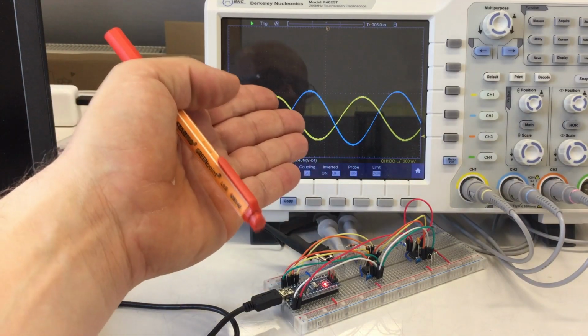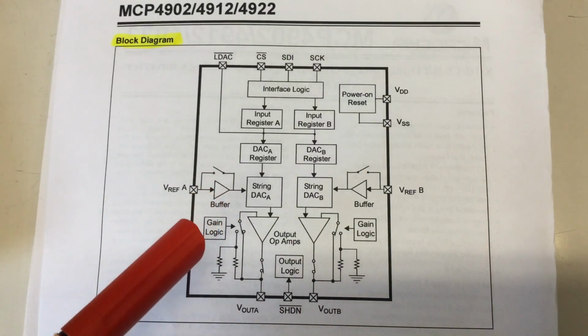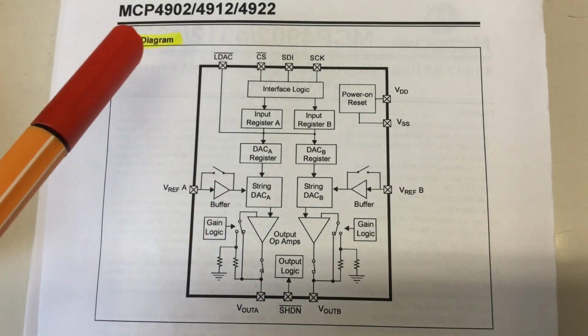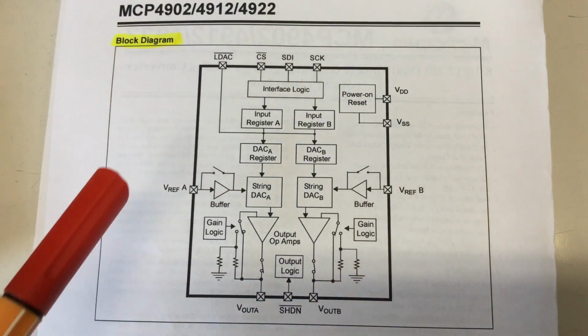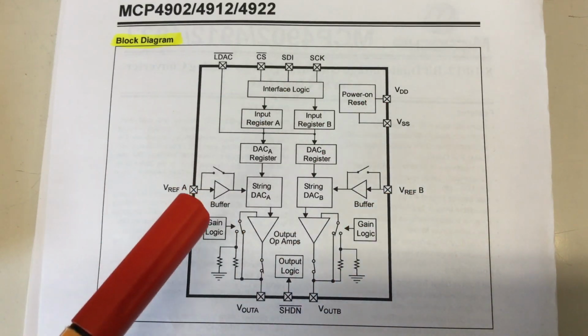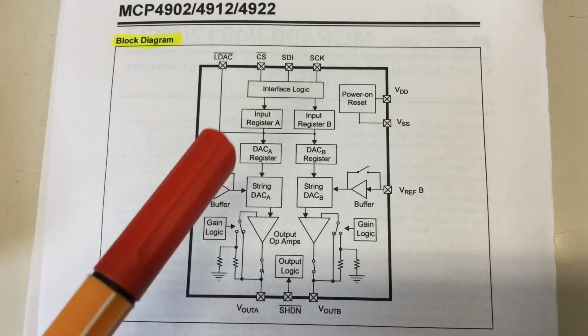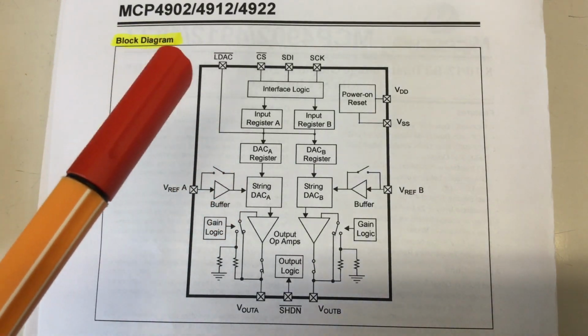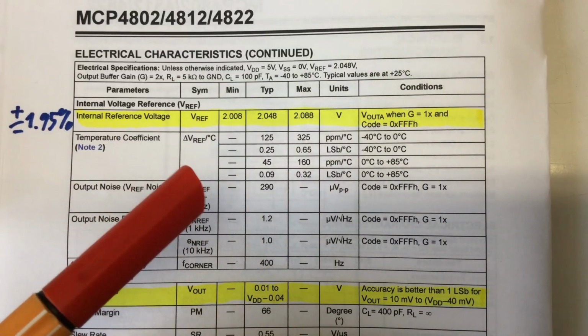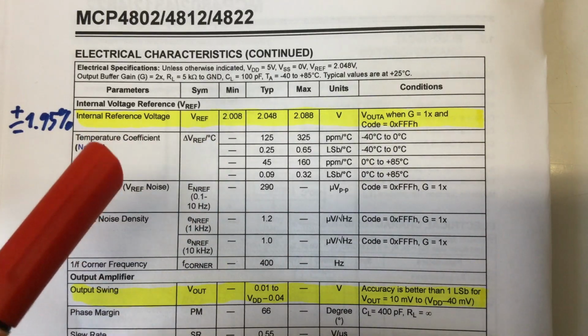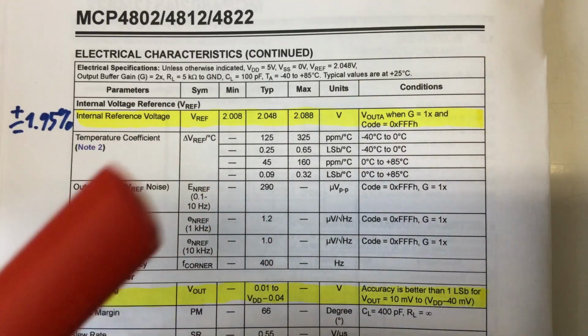Okay, let's move on to the question: why are there these MCP49 variants that don't have an internal voltage reference? For that, we have to have a look into the MCP48 datasheet. And there we see that the internal voltage reference won't win any awards.